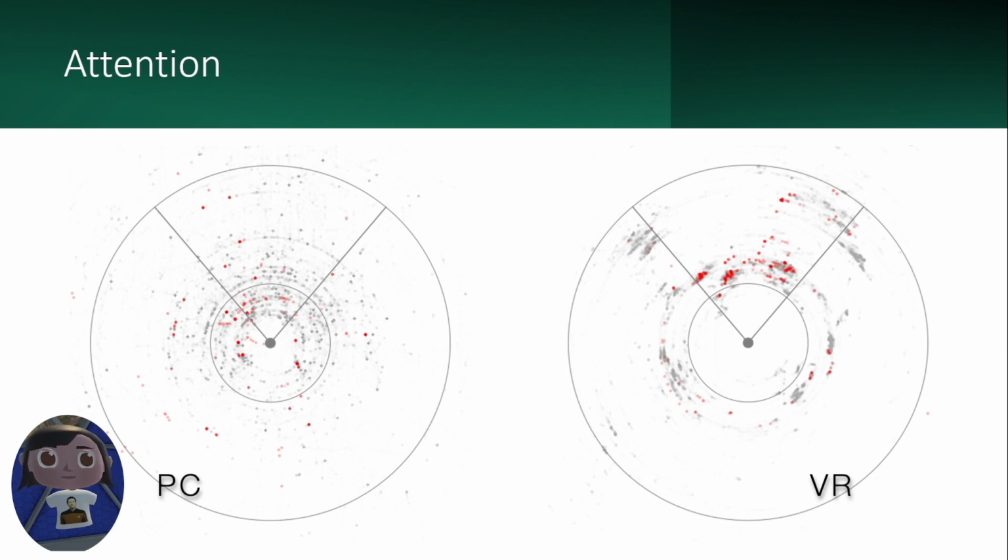Their field of view is marked by that arc, and the people around them are marked as a gray dot, and the dot is turned red when that person is speaking. All the participants in a small group are overlaid here on the same plot. We see with the PC, there's no tendency to turn towards the active speaker or even keep people within your field of view most of the time.